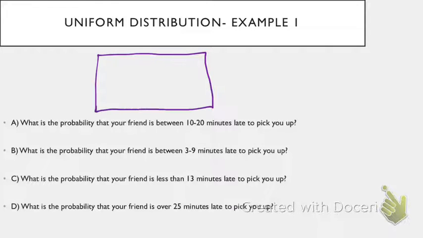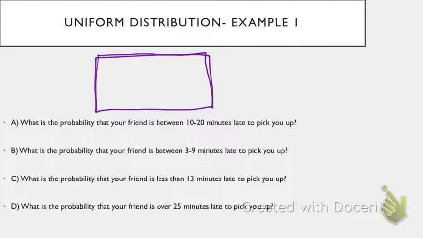I think there is one drawn for you. I did not write out the example, so let's look at it together. You have a friend that's always late. Let the random variable x represent the time from when you're supposed to meet your friend until he shows up. Suppose your friend could be on time, meaning 0 minutes late, or up to 30 minutes late.